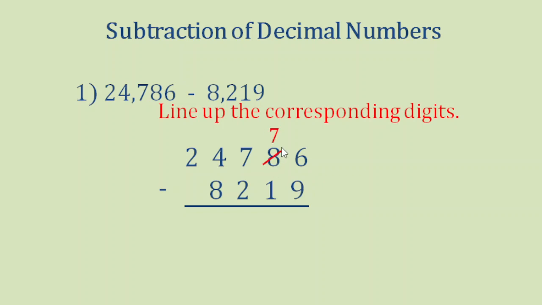This 8 becomes 7, and this 6 becomes 16. 16 minus 9 is 7. 7 minus 1 is 6. 7 minus 2 is 5. 4 minus 8 cannot be, so we borrow 1 from 2, and this 2 becomes 1, and this 4 becomes 14. 14 minus 8 equals 6, and then 1 by itself, copy it down, and then we will indicate our comma here. Our answer is 16,567.